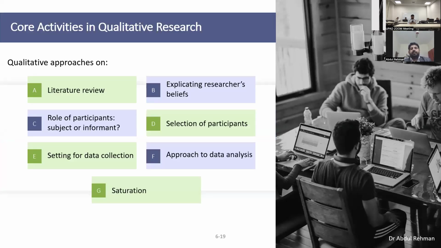There are 7 activities we usually perform while doing qualitative research. First, literature review. Second, explicating research beliefs. Third, role of participant. Fourth, selection of participants. Then setting for data collection, approach to data analysis, and at the end, saturation.